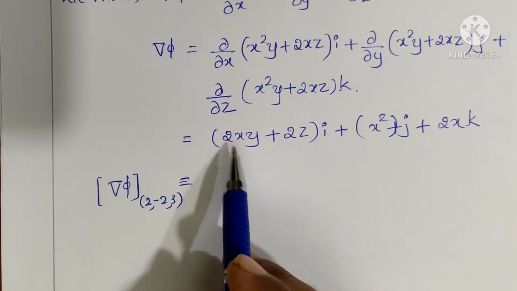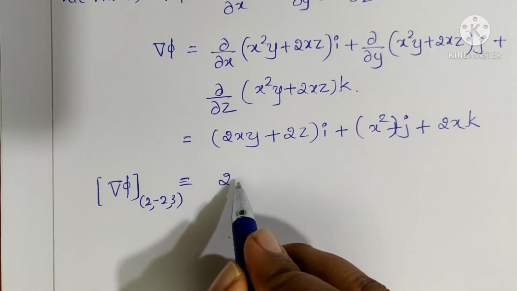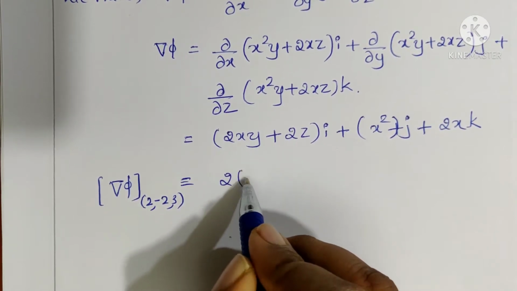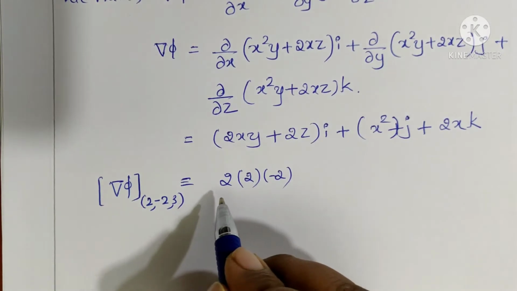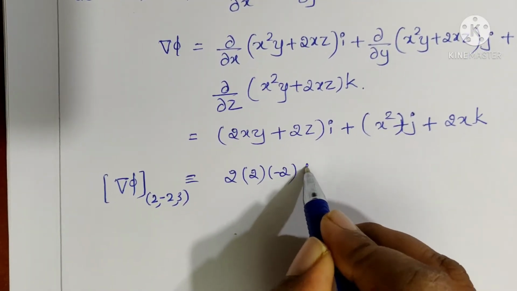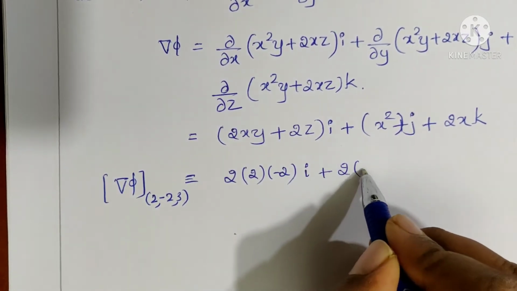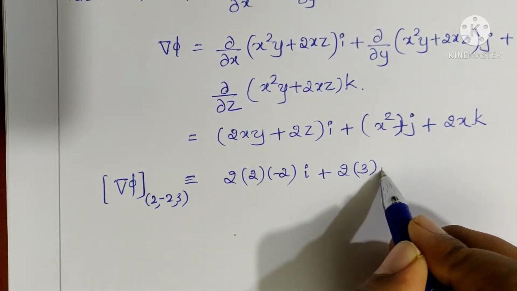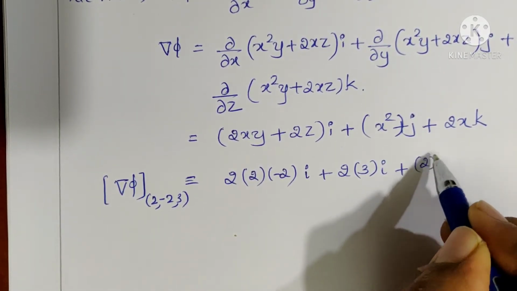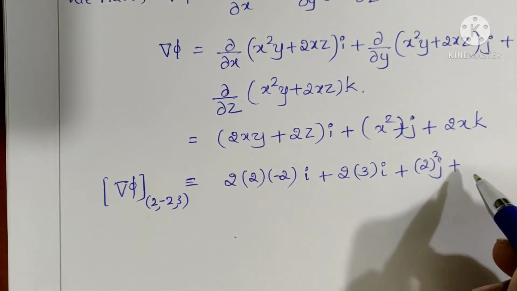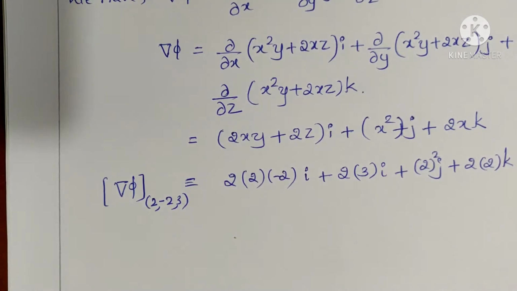In the first equation it is 2 into x is 2, y is minus 2, into i, plus 2 into z, z is 3, into i, plus x square, 2 square, into j, plus 2 into 2 into k.